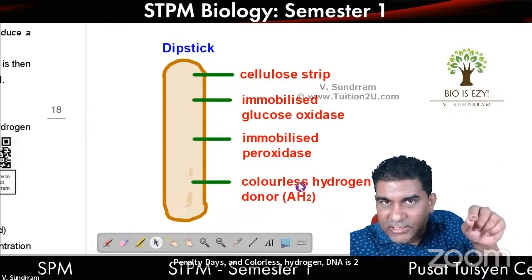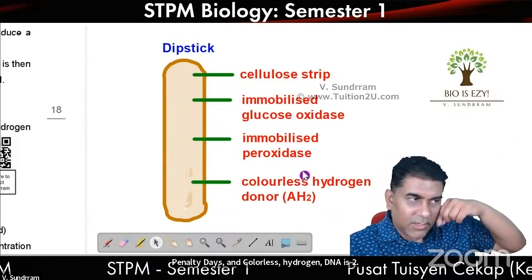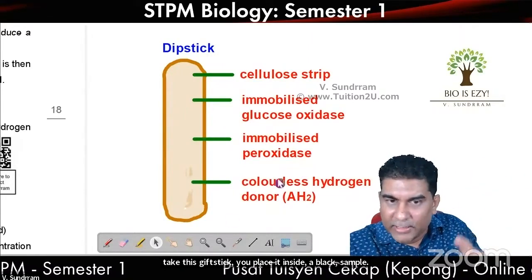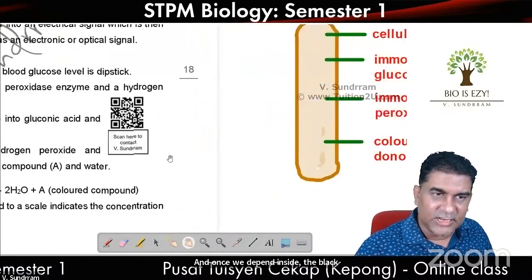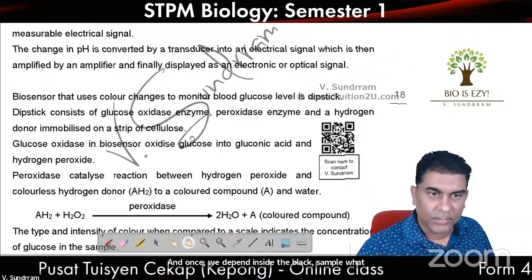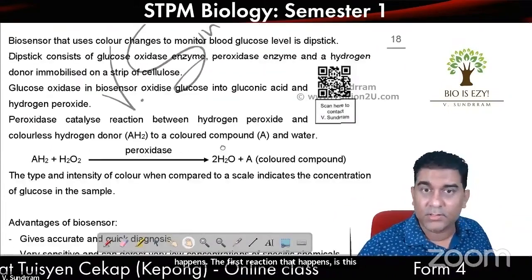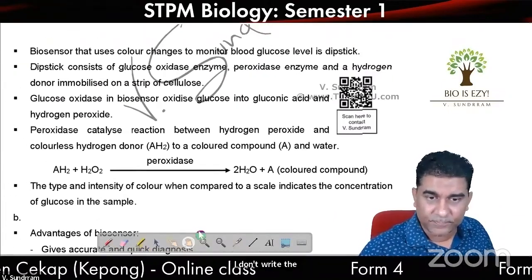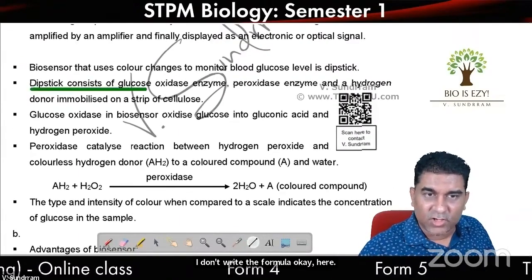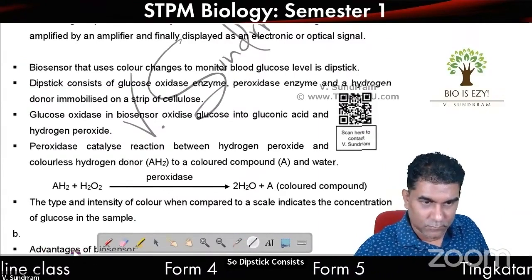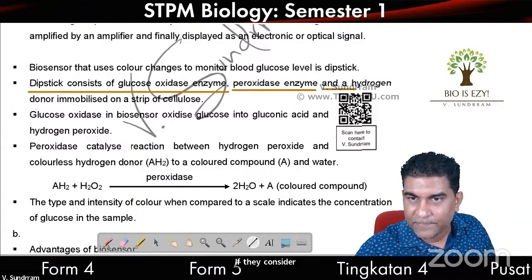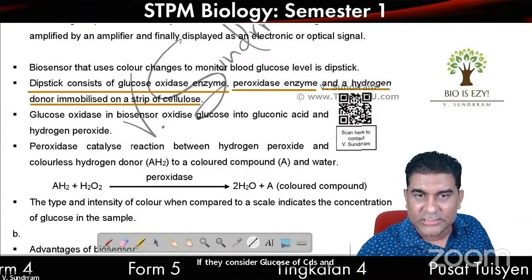You take this dipstick and place it inside a blood sample, and once we dip it, what happens? The first reaction that happens is this. The dipstick consists of glucose oxidase enzyme, peroxidase enzyme, and the hydrogen donor immobilized into a strip of cellulose.